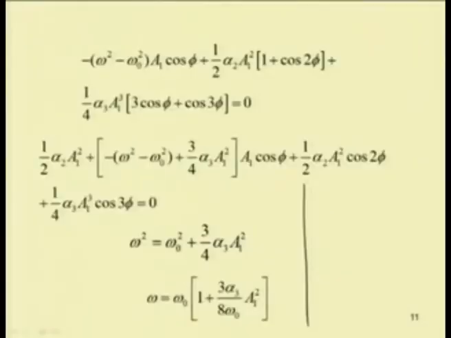So, for cos 3 phi, we can write cos 3 phi as cos of 2 phi plus phi, and by expanding that one can write it this way. It will be cos 2 phi into cos phi minus sin 2 phi into sin phi.